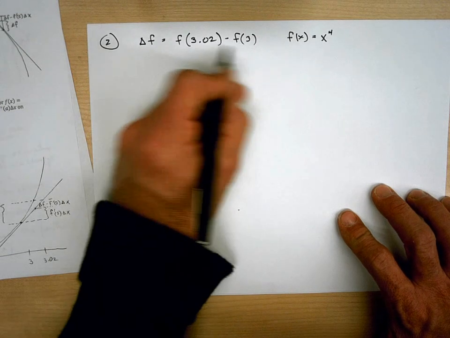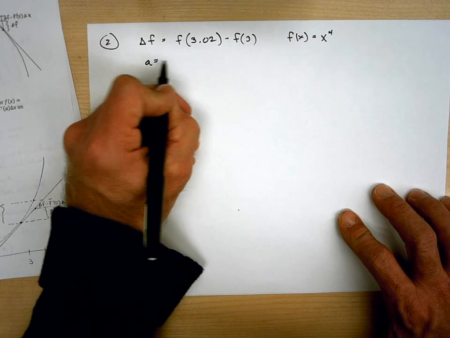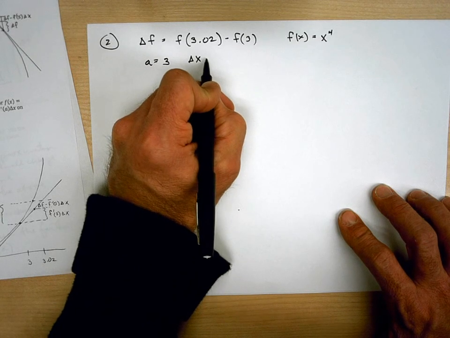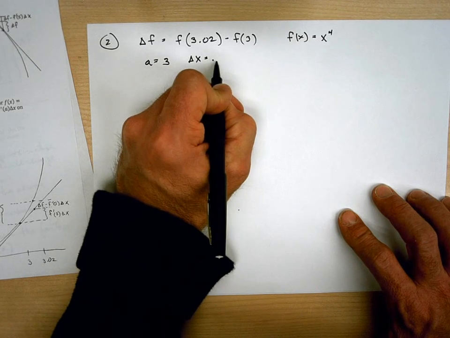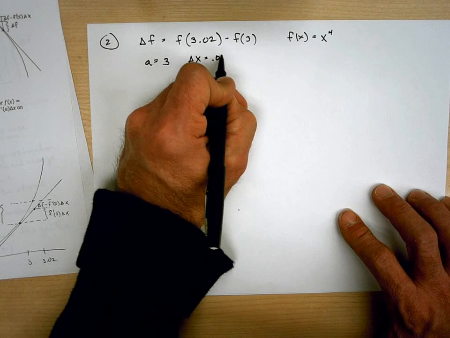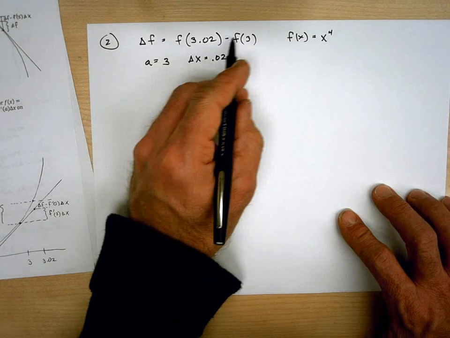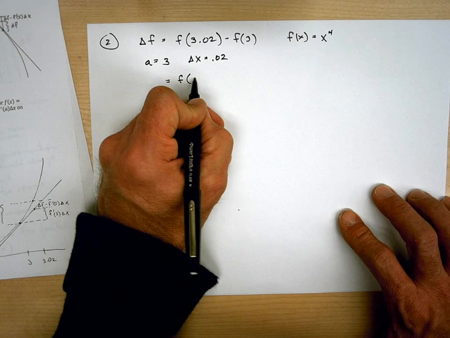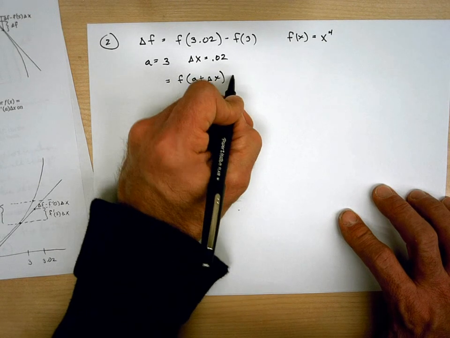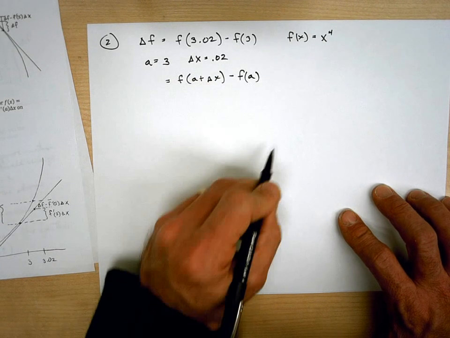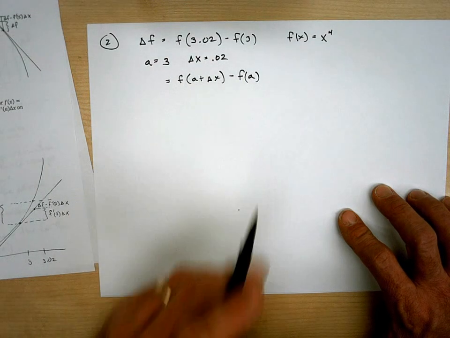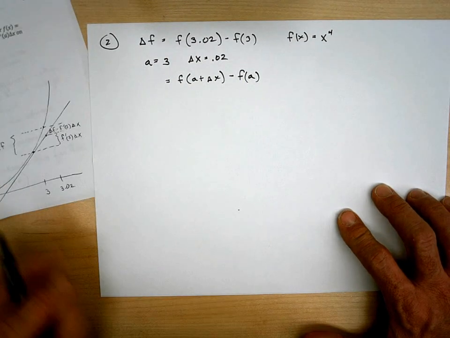We can look at this and say, well, that means that a must be 3, and delta x must be equal to 0.02, because this is f of a plus delta x minus f of a. So we can work backwards from the numbers that they give us to deduce that a is 3 and delta x is 0.02.